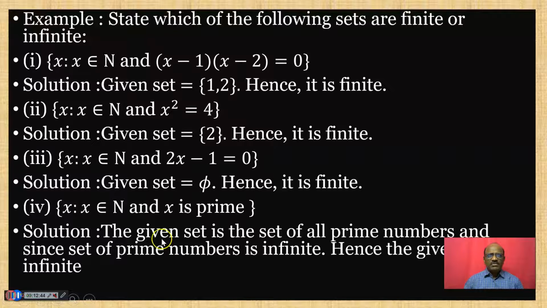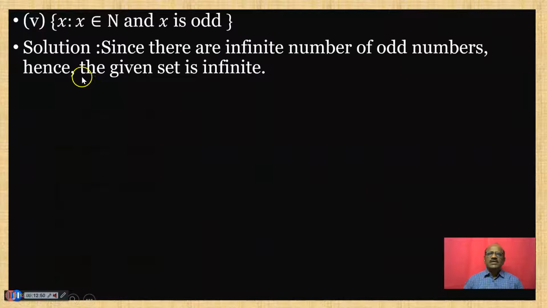We cannot count it, therefore it is an infinite set. Next, x such that x belongs to the set of natural numbers and x is odd. Since there are infinitely many odd numbers, the given set is infinite.